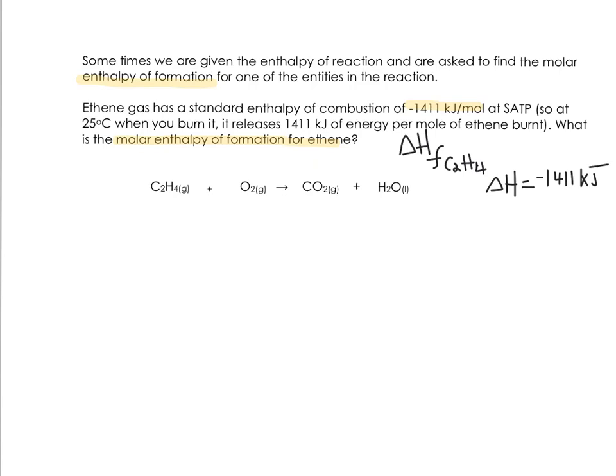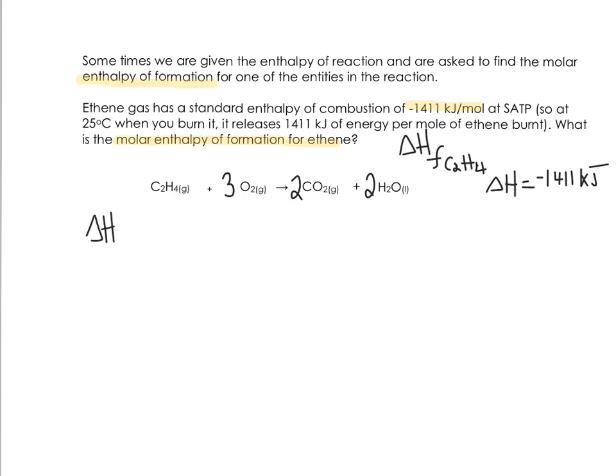We've got 1 mole currently in our chemical equation, but it's not balanced. So if I want to keep this as 1 mole, I need 2 moles of CO2, 2 moles of water. So I've got 4 oxygens, 6 oxygens, so 3 O2s.